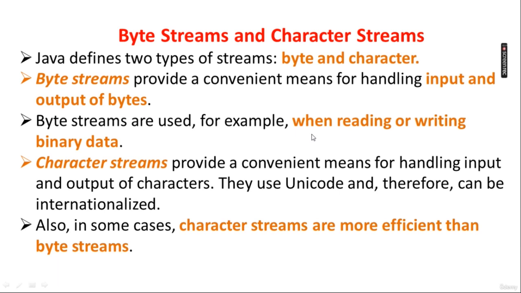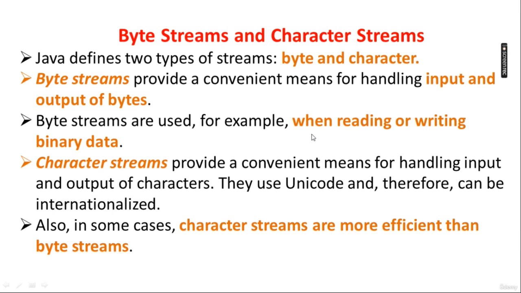In the Java course that I am creating, we have used the byte stream only. Character stream is for worldwide use, and it uses the Unicode character set to handle all types of languages, all types of character sets that are used worldwide.